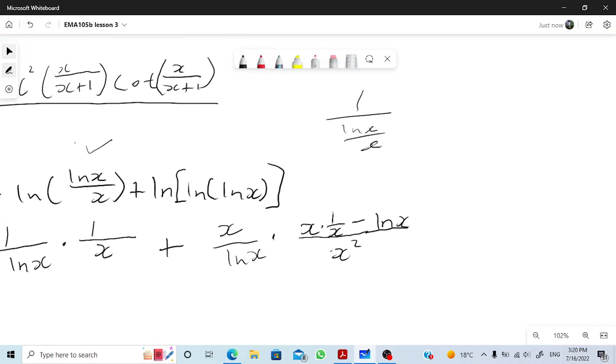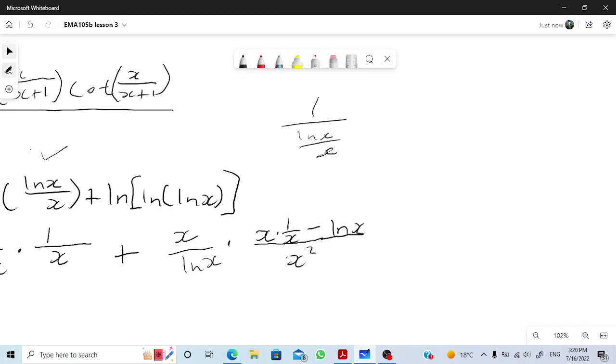Okay, so the last part, which is this one, we put that addition here. Now every time you see ln, it's 1 over whatever is inside the bracket.